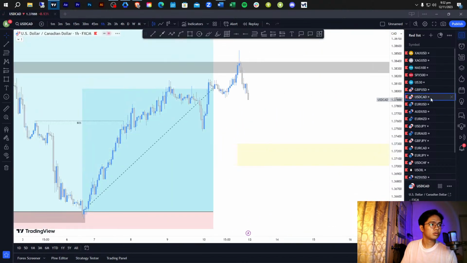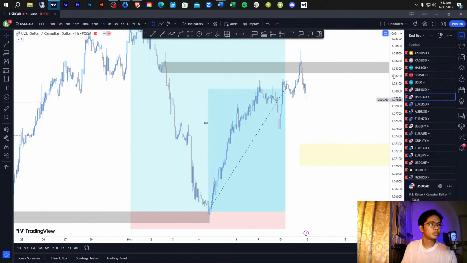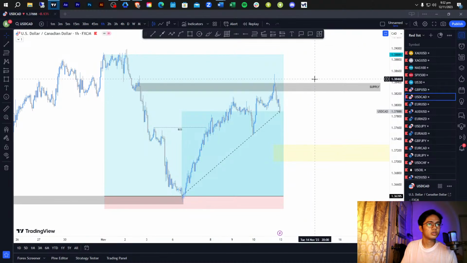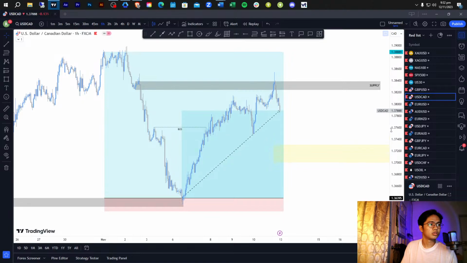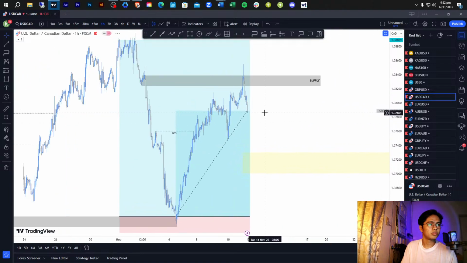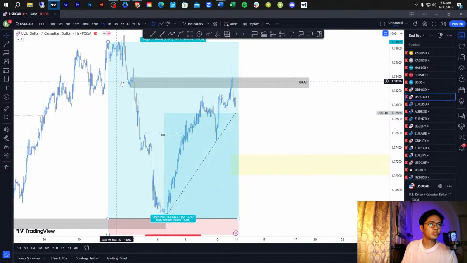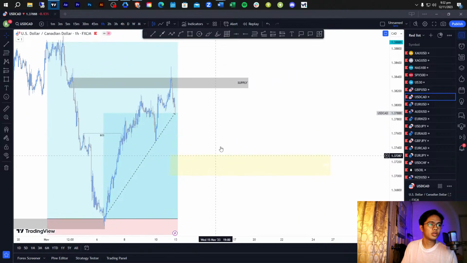And then we're going to USD CAD. On USD CAD, just like what I told you last week, the price may mitigate this area, then go here, then bounce again.